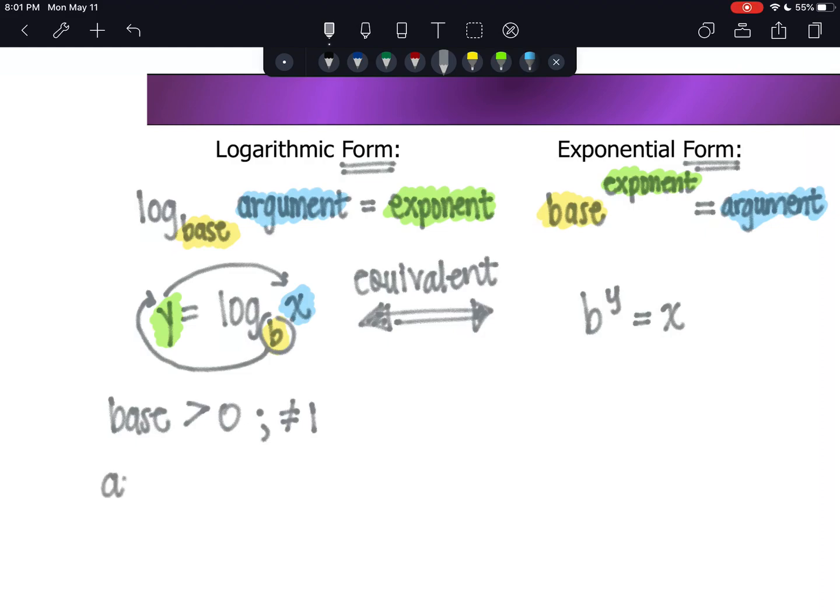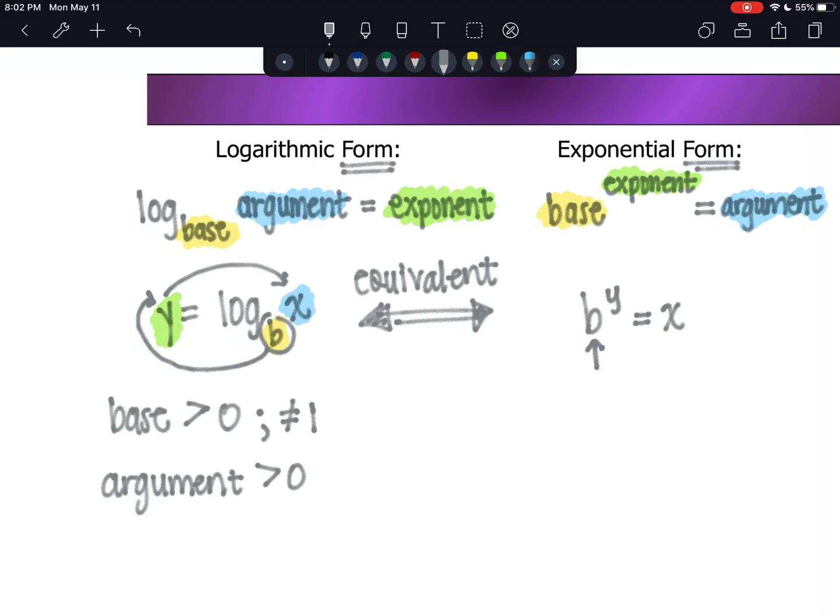Another thing that's very important to note is that the argument must be positive, which makes sense. Any number raised to a power is going to give you a positive result. Most especially in this case when the base is positive. So when the base is positive, raised to any exponent, you're going to get a positive result.